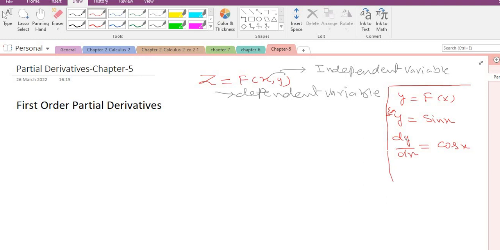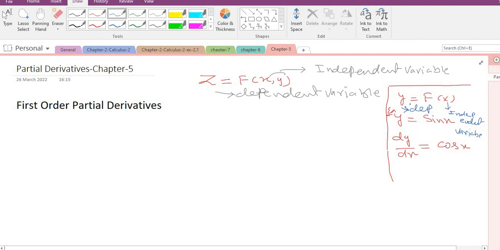That means we find the derivative of the function y is equal to f of x. Here x is the independent variable and y is the dependent variable.